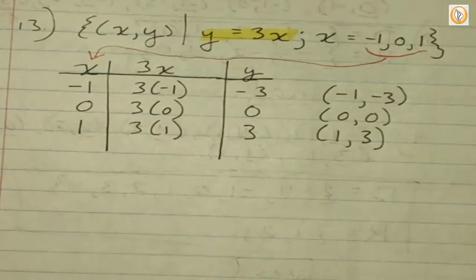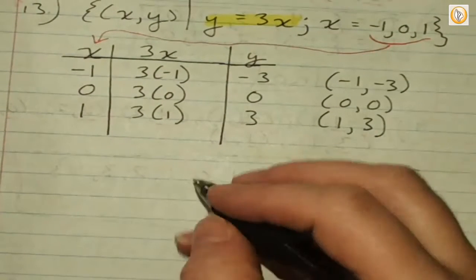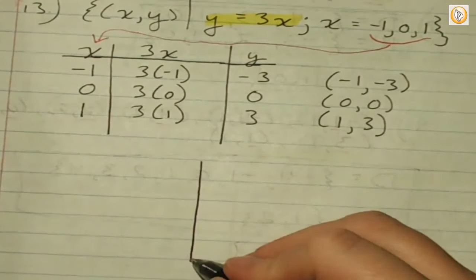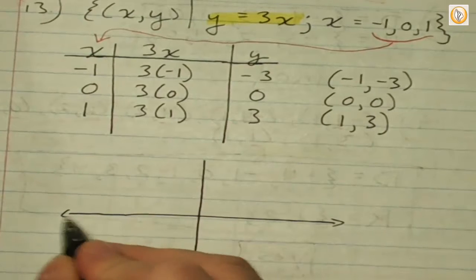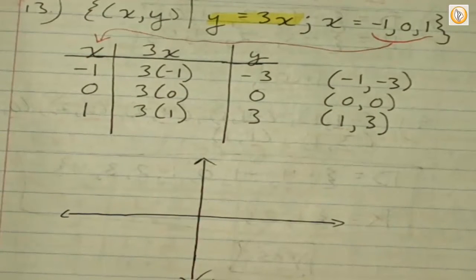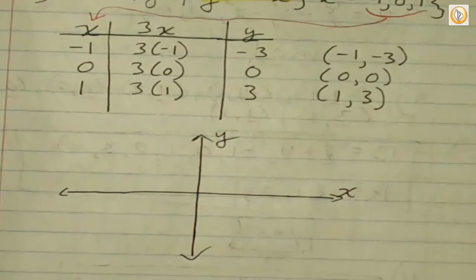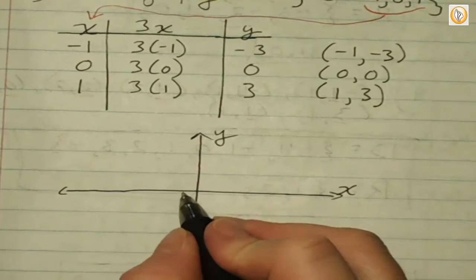All right, so now in the directions it says and graph. So this time they didn't ask just for the ordered pairs. We're going to have to graph this. So I'm going to freehand a Cartesian plane. This is my y, this is my x. -1 and -3.